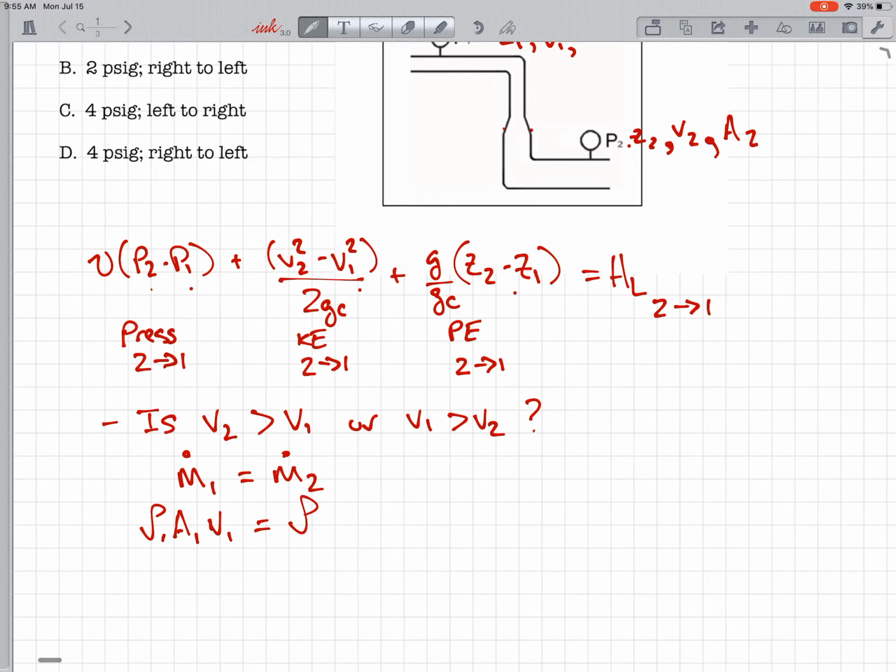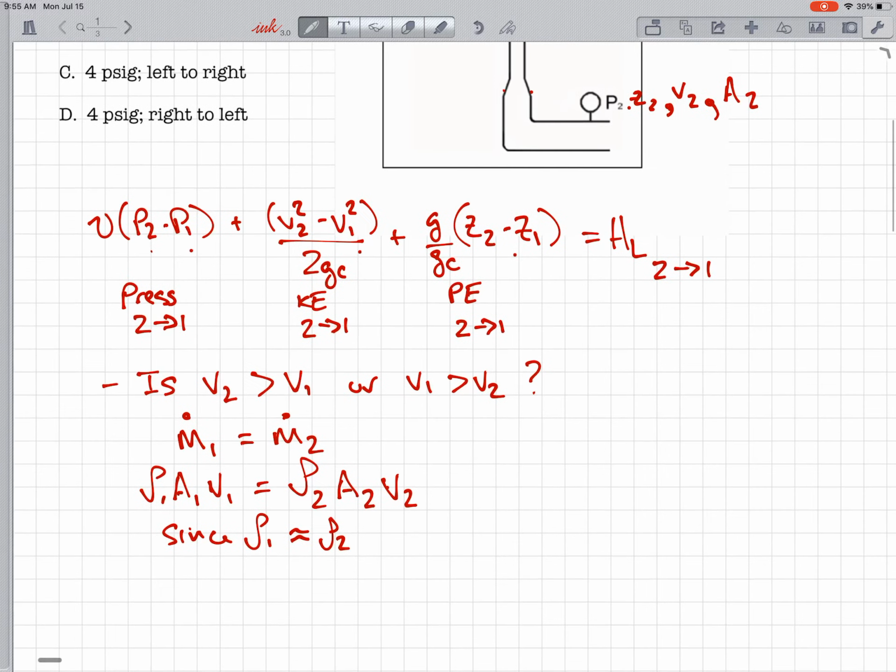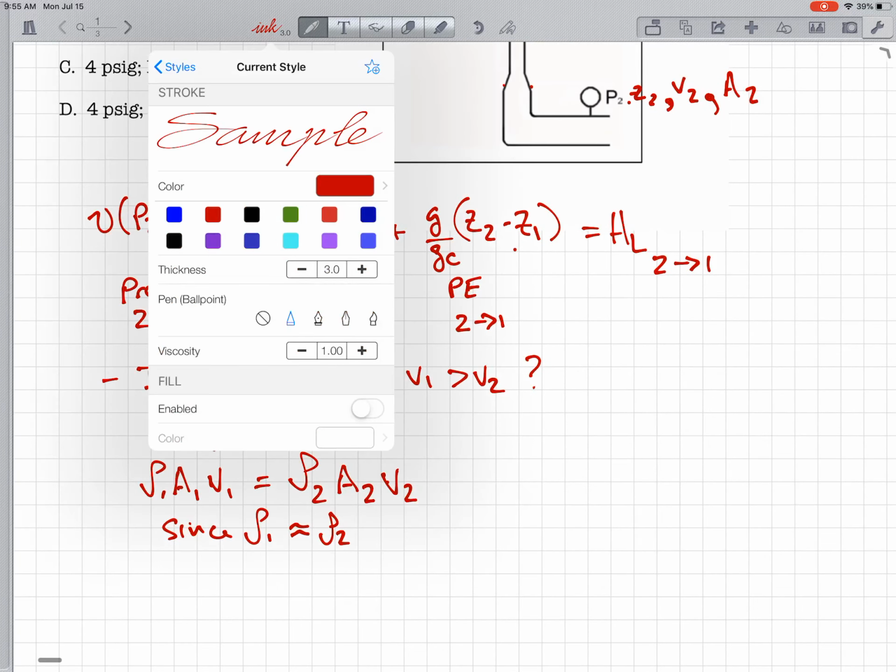That's going to be equal to the density at 2 times the cross-sectional area at point 2 times the speed at point 2. Alright, so since density 1 is going to be pretty much equal to density 2, no appreciable difference, we're going to cancel both those.